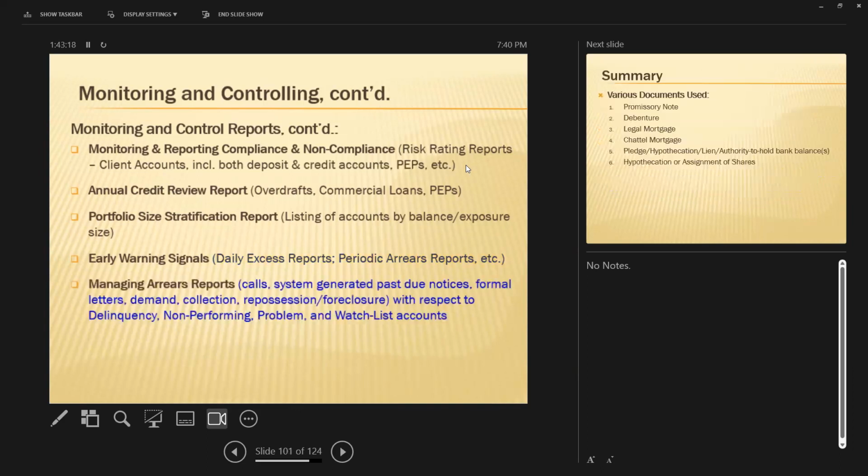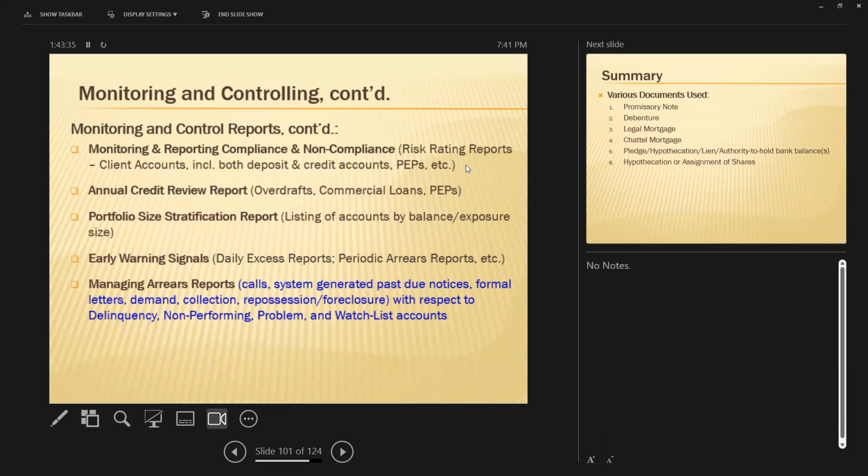And then, of course, managing arrears reports. A lot of times, these are not generated; in some instances, these are automated.